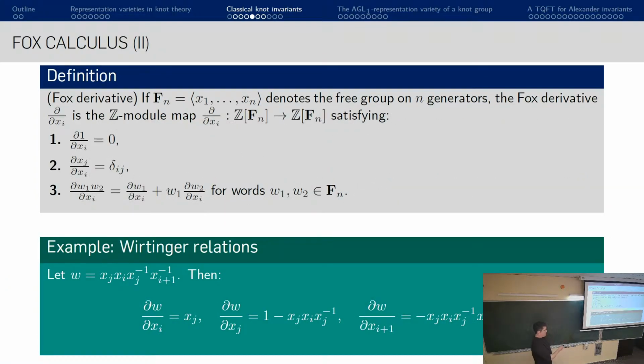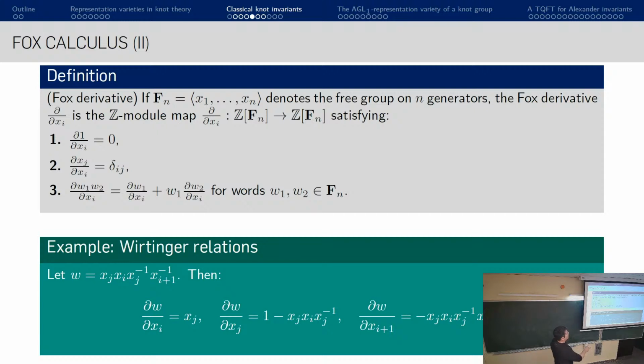As I said, when abelianizing the knot group, there's a single generator, so everything gets mapped to the same element in a module, so it's T. So that xj, when you abelianize it, is T, you get a single generator in the homology group. So every xi gets mapped to T.